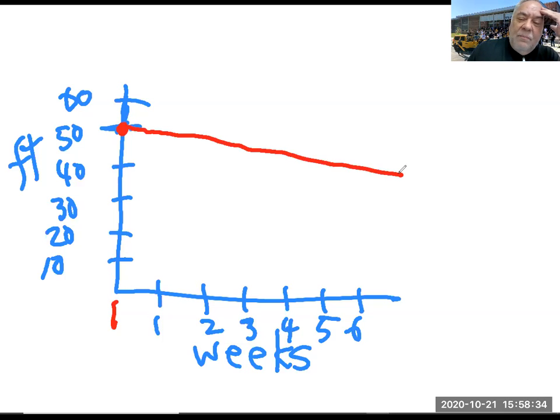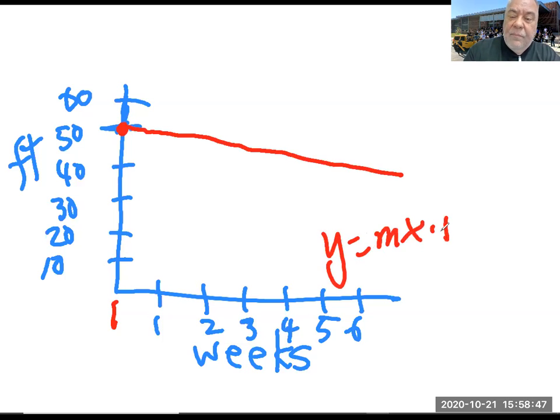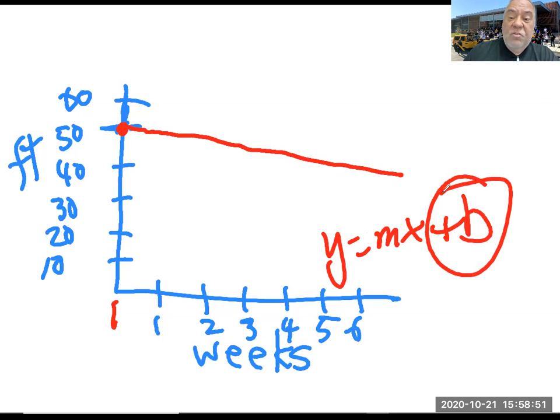Well, the y-intercept, as I've told you before, is always, especially on a graph like this, the starting point or the initial value. Okay? If you look at y equals mx plus b, the y-intercept is where it starts. That is the value before you take into account any slope that comes into play, this times the x input.